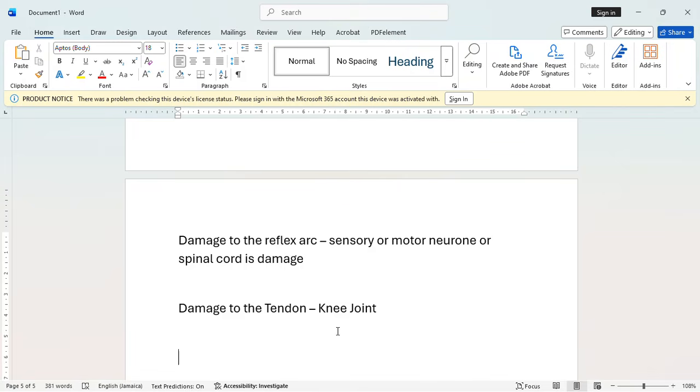The other part of the question speaks to explain why a person blinks when something touches his or her eye. Why do we blink?